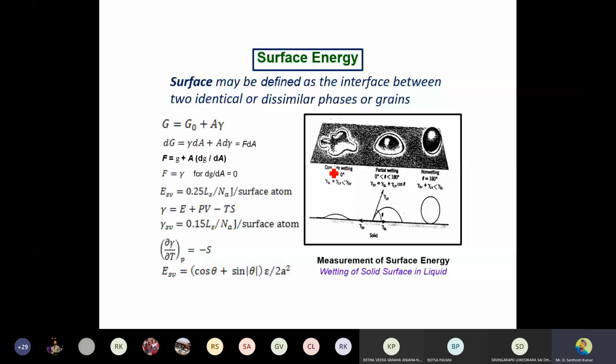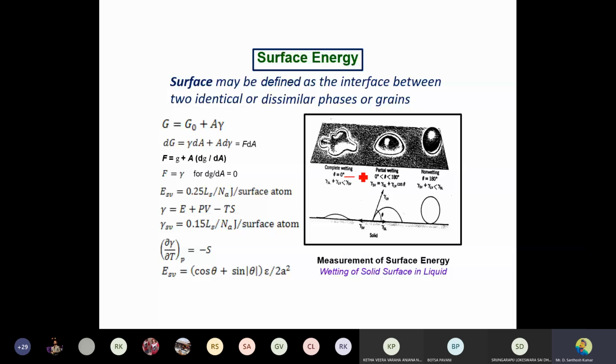If theta is equal to 0, it is completely wettable. Once the liquid droplet falls on the surface, it will simply spread over. Always, if theta is less than 90, then it is good.